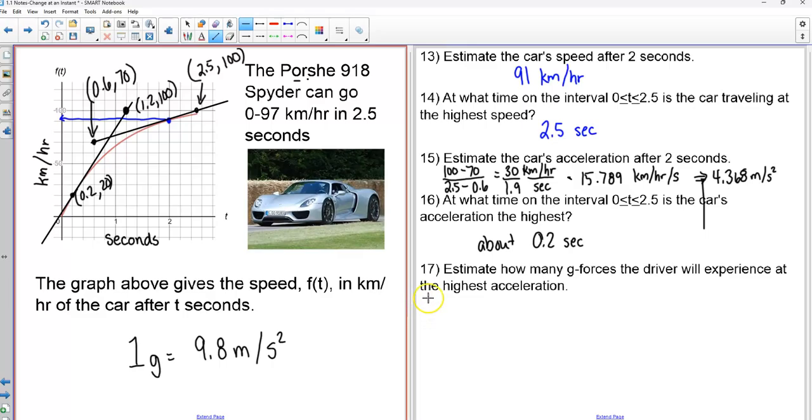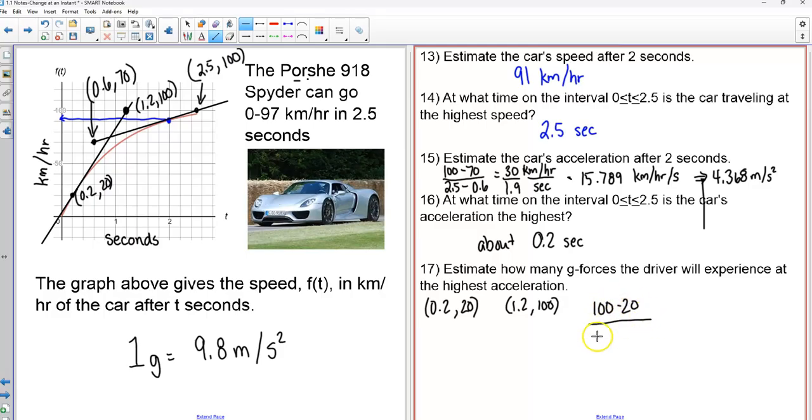So we get 100 minus 20 over 1.2 minus 0.2. So we will get 80 divided by 1, which will give us 80.